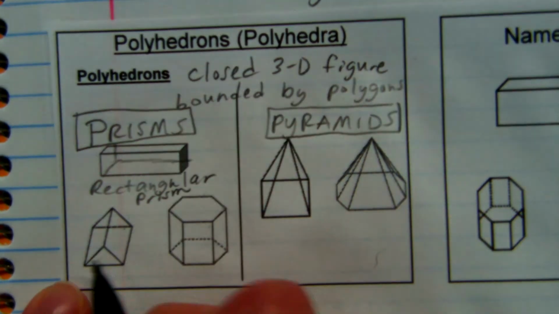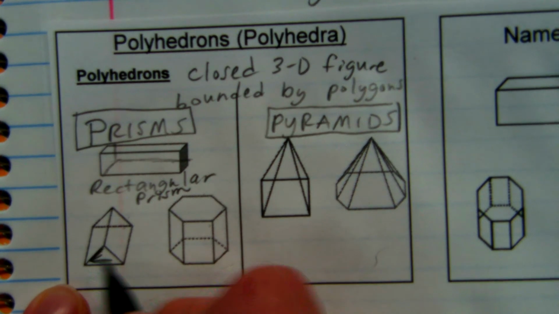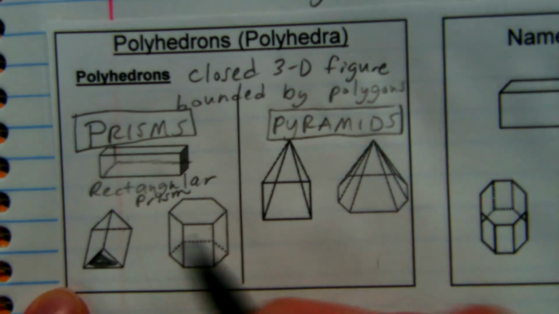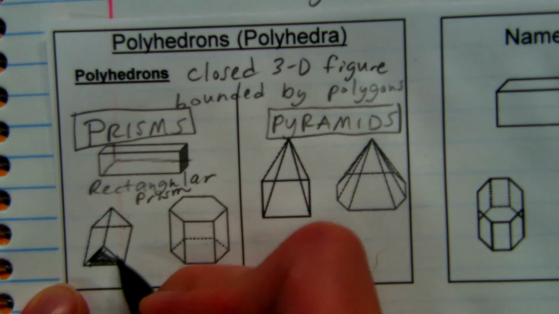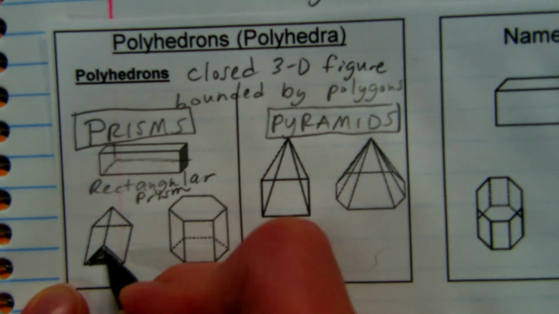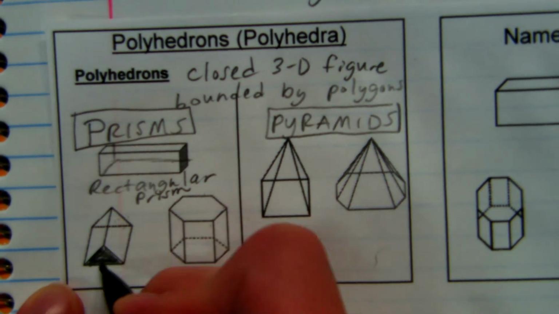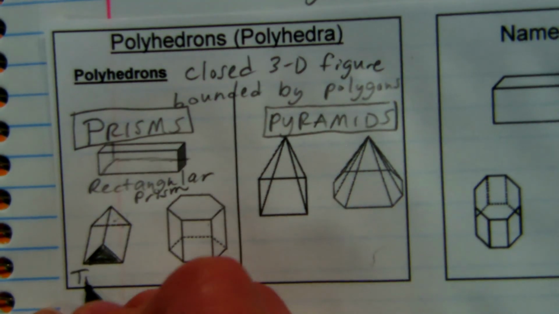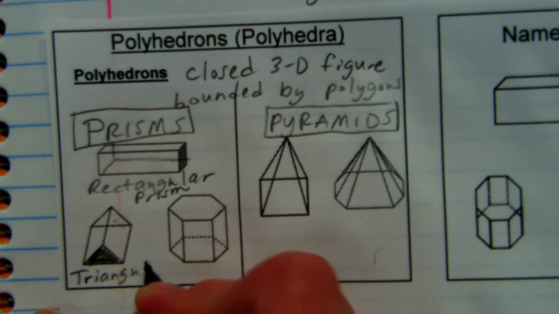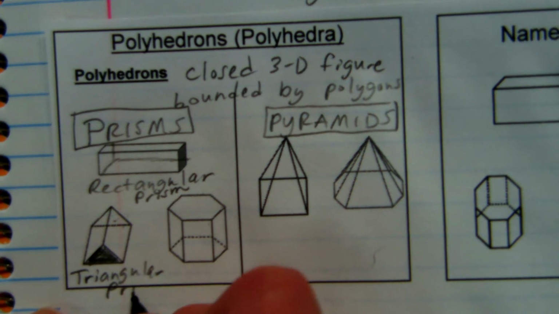Now this one, we'll imagine it's sitting on this base down here, or maybe it's sitting on the other one. So all of the sides are rectangles, or sometimes they're parallelograms, but the base is these two sides that are parallel that are different. And so these two sides are triangles, so we call that a triangular prism.